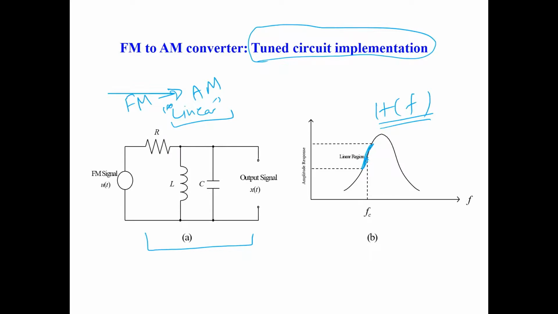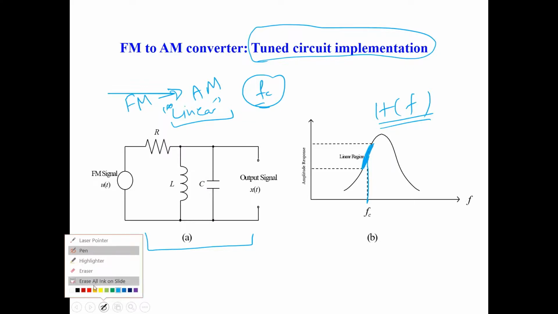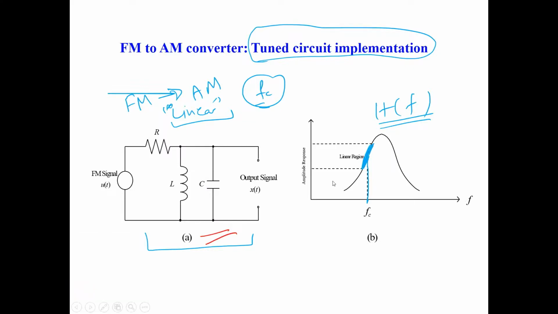For example, if you design your filter with carrier frequency f_c, then this will be the only linear region for the conversion. If you are performing the conversion here, this is not a linear region. So we will have a very small linear region if we use just one circuit. To increase the linear region, we can design two tuned circuits.